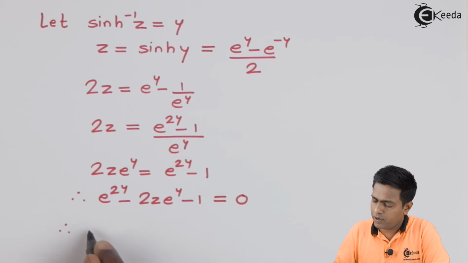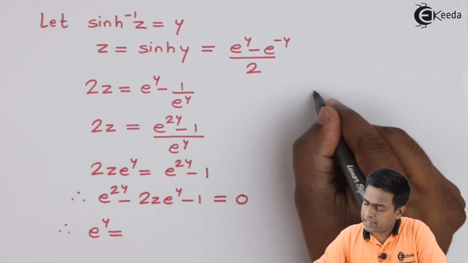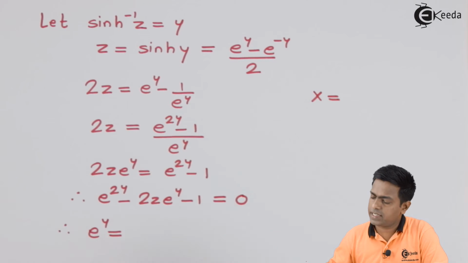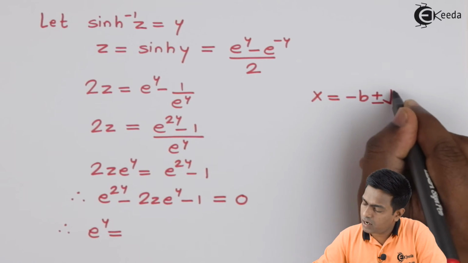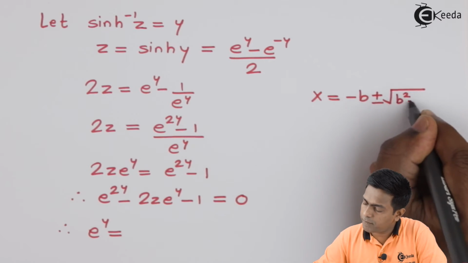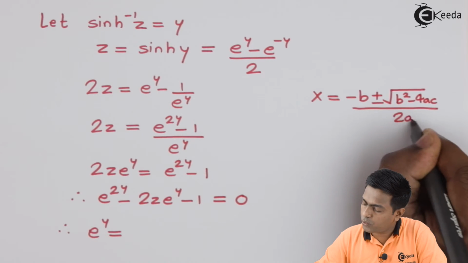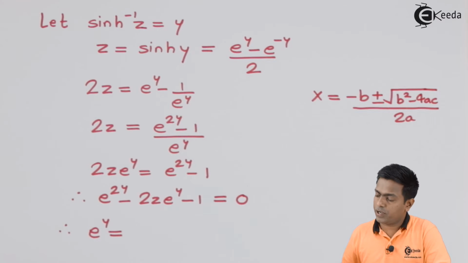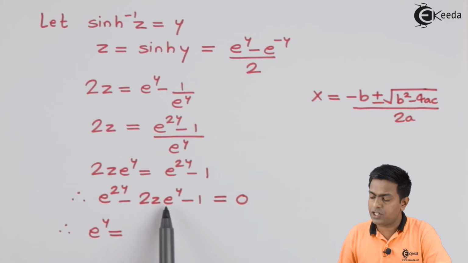So e to the power y equals, now what is the formula? If x is the root of the quadratic equation, we always say it is minus b plus or minus under root b square minus 4ac upon 2a. I'll be using this formula. Here the value of b is minus 2z.